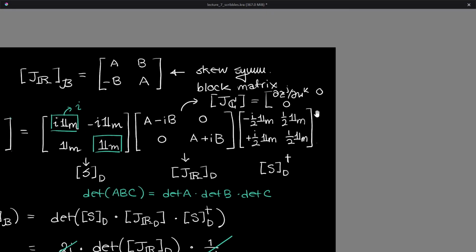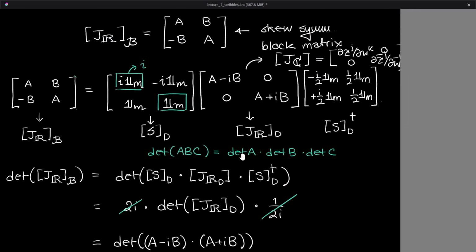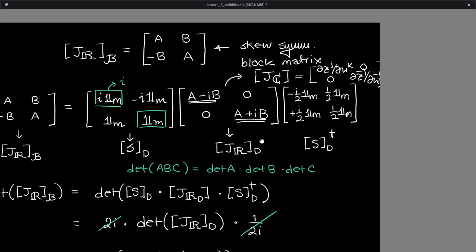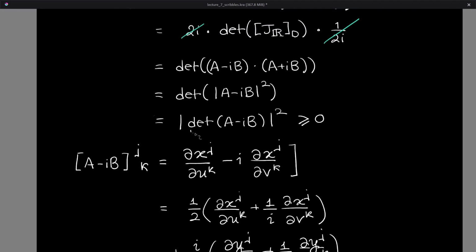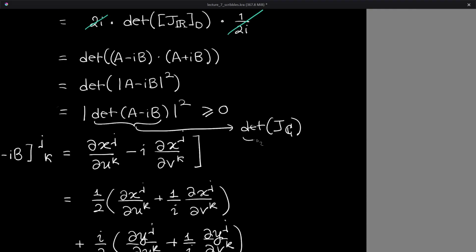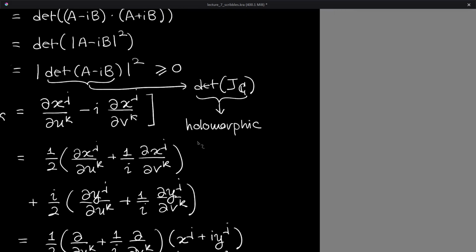Because we're on a holomorphic coordinate, these are all 0, partial z-bar_j, partial w-bar_k. Right? And that's exactly what we got, because this is now partial z_j, partial w_k, and this is partial z-bar_j, partial w-bar_k. So this is essentially the determinant of J_C. So this is the determinant of J_C squared, but because we're on a holomorphic atlas, so here we're invoking our complex structure on our complex manifold, holomorphic atlas.